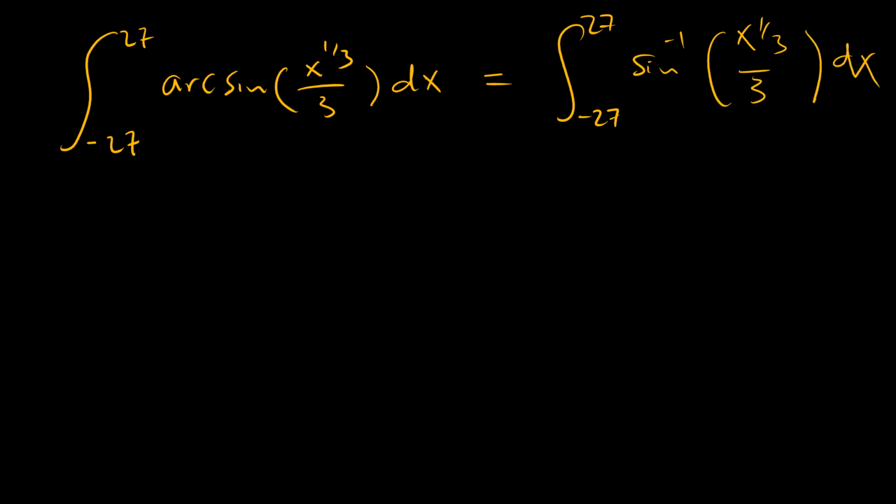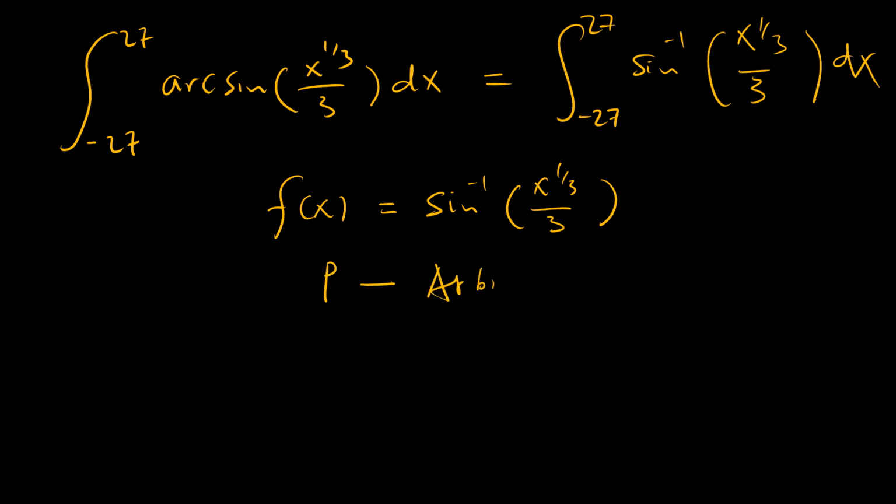So let's say our function f(x) is equal to arc sine of x to the power 1/3 over 3, and we have an arbitrary positive real number p.